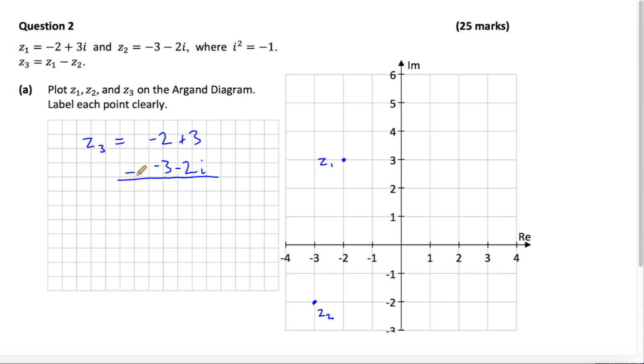So minus 2 minus minus 3, that's 1. Do that in the calculator if you need to. 3i minus minus 2i, that's 3i plus 2i, which is 5i. So 1 plus 5i is Z3. That's 1 plus 5i, which is Z3.